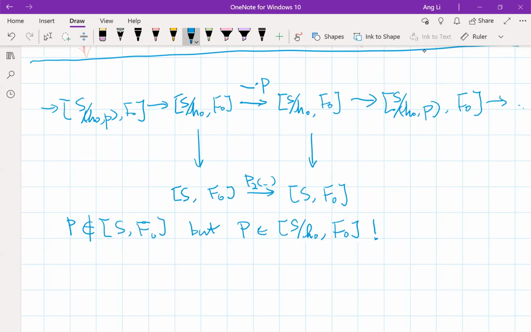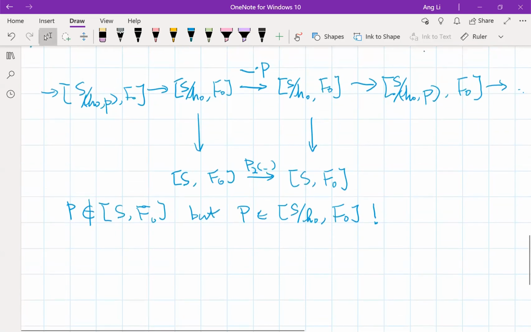Questions so far? Okay, so this is a commutative diagram, and we want to know when this P2 thing is an isomorphism.